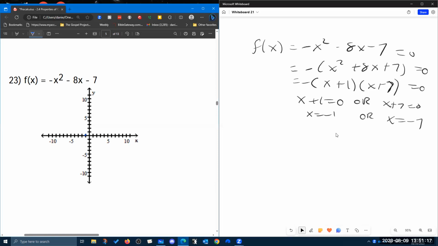There's negative 1, there's negative 7. Negative b over 2a is going to be negative 4 again. So our axis of symmetry is somewhere like so.